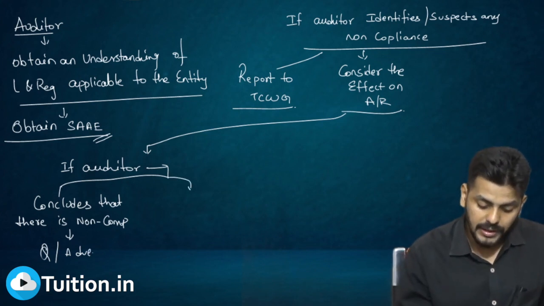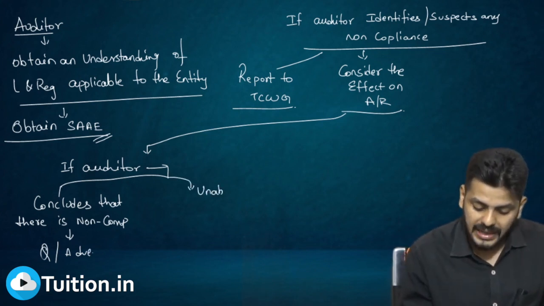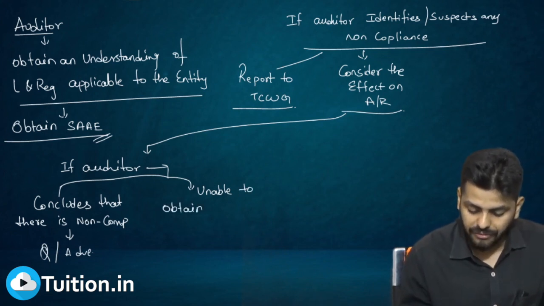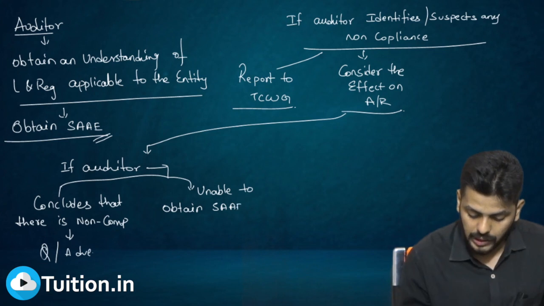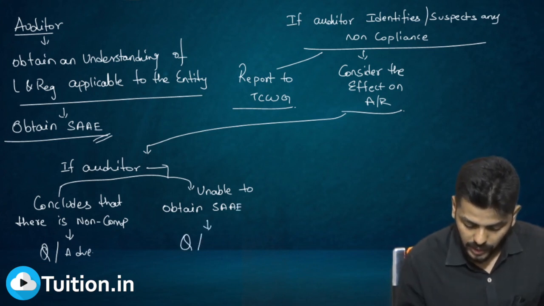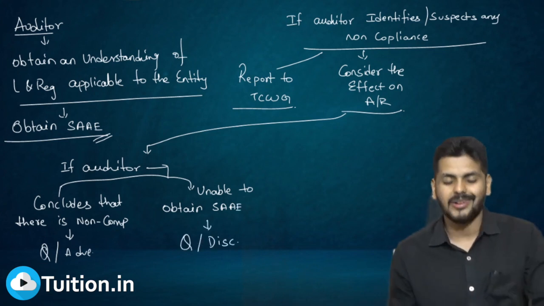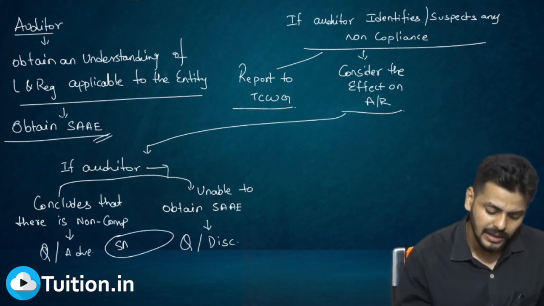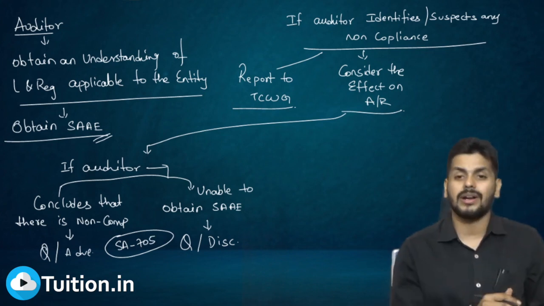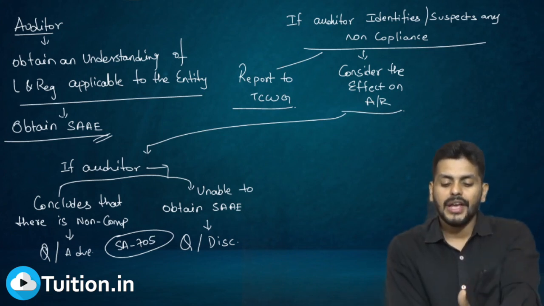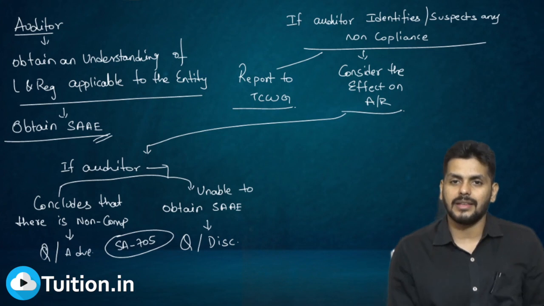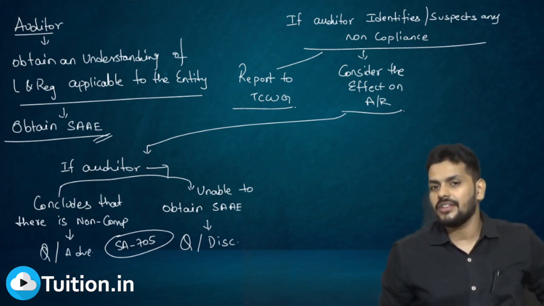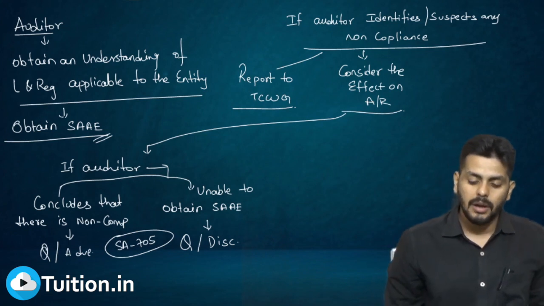Then if auditor is unable to obtain sufficient appropriate audit evidences, then auditor shall go for qualified or disclaimer. Now this purely depends on the evidence, guys. This is absolute SA 705, depending on what evidence you have or not. Because if you have come this far, I think the 705 piece is very easy, because that's the ultimate reporting part of every standard. So there I don't think you will have any problem.